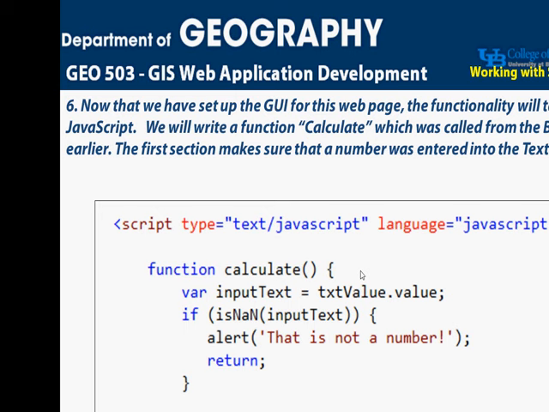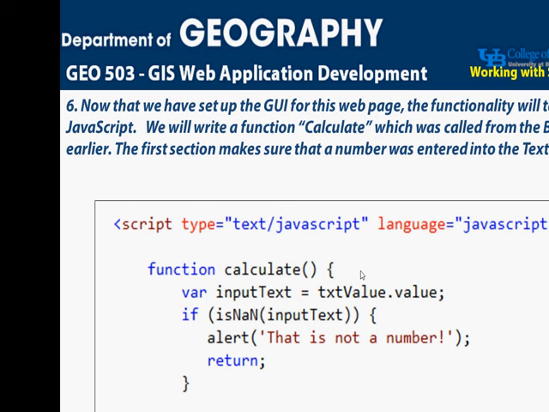We're going to do some testing on what the person entered first. We talked about this JavaScript function Wednesday, isNaN, with the N's capital, everything else lowercase. If you remember, that stands for is not a number. So this will return true if input text is not a number. In other words, if someone types in something that can't be treated as a number, the if statement will be true.